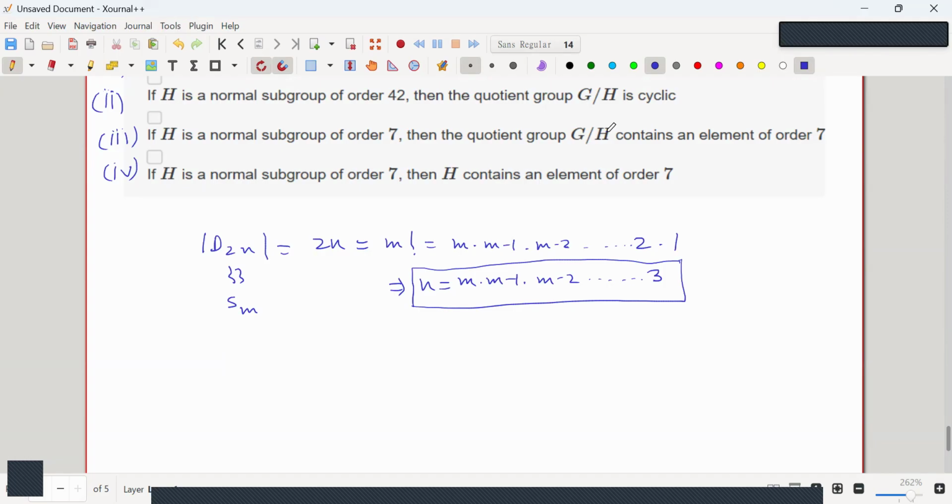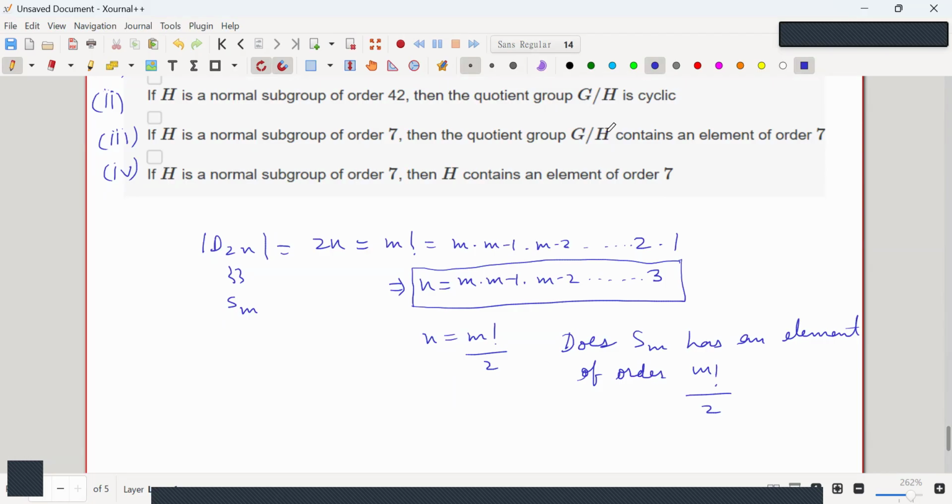So the question is, does Sm have an element of order m factorial by 2?